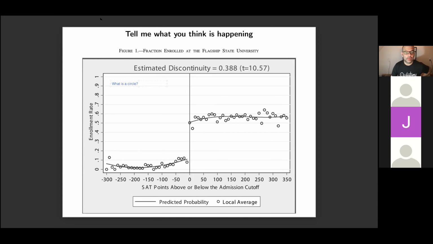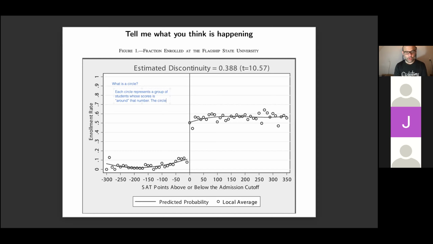Correct, it's individual scores. Each circle represents a group of students whose score is around that number.